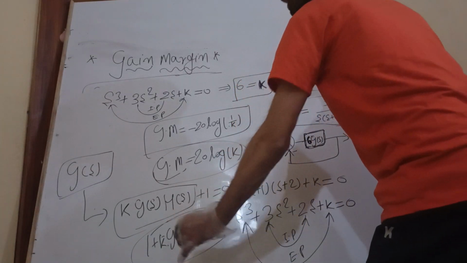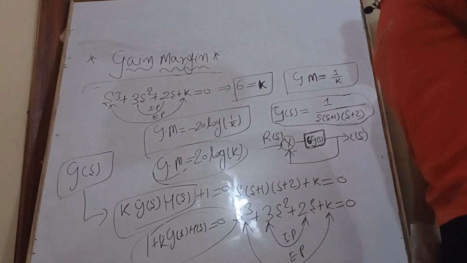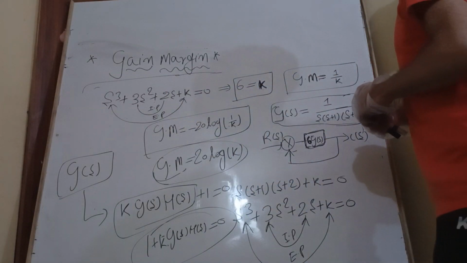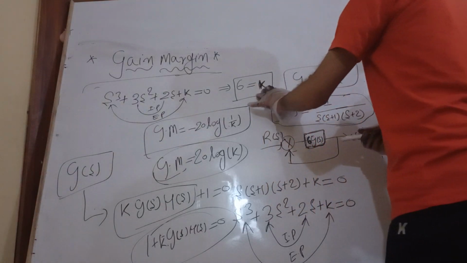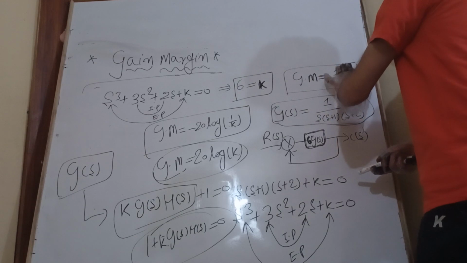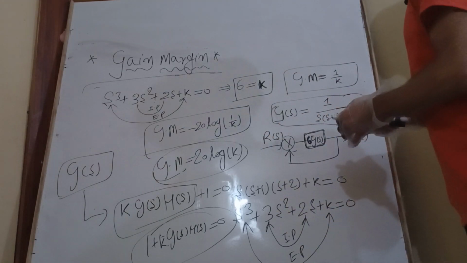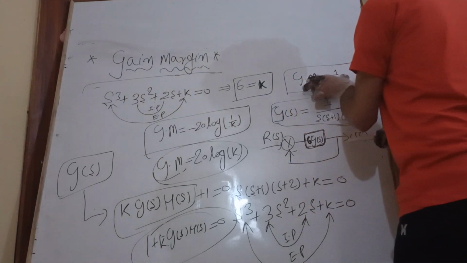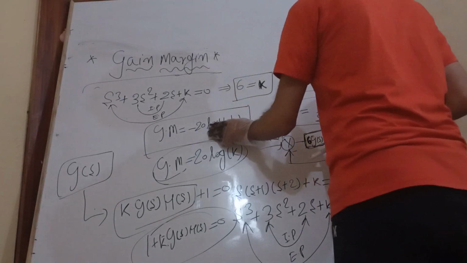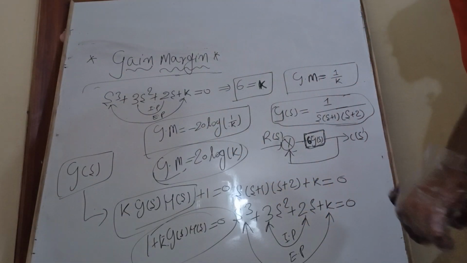At that value of k, your system will become marginally stable. But the gain margin is 1 by k, which is in linear, and in dB it is 20 log k.